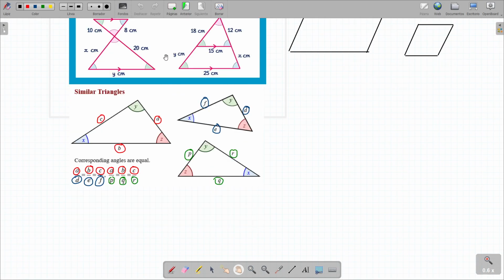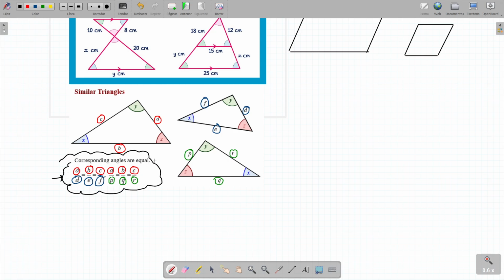Now, all these properties we have done in class, but we have to remember that when we have similar triangles, they can follow one property. This one is the most important one.